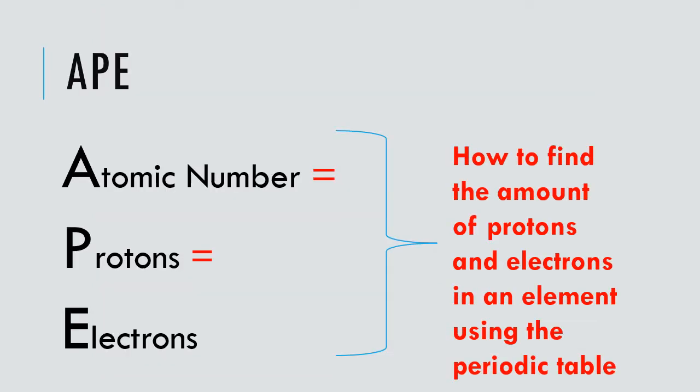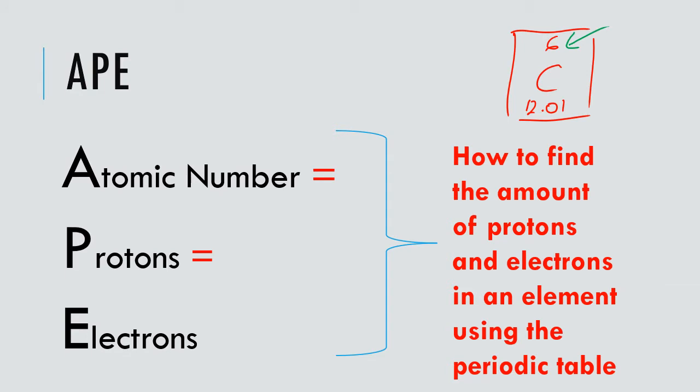So let's figure out how we can find the amount of protons and electrons in an element using the periodic table. And to do that, we're going to use APE. APE stands for atomic number, which if we draw a little periodic symbol right there, we're going to use the atomic number, which is right here.